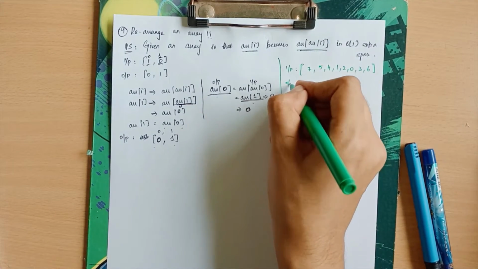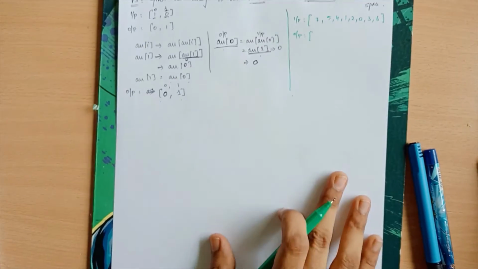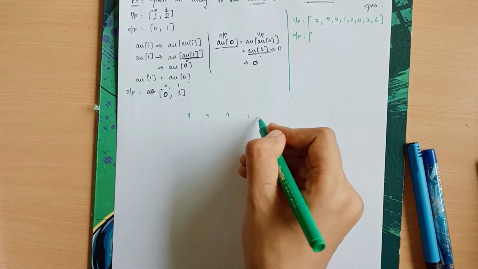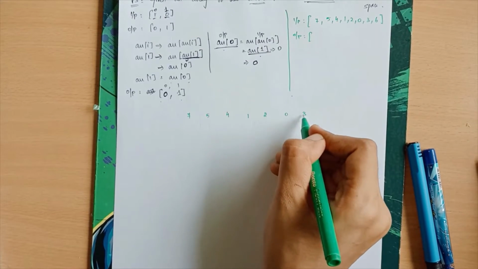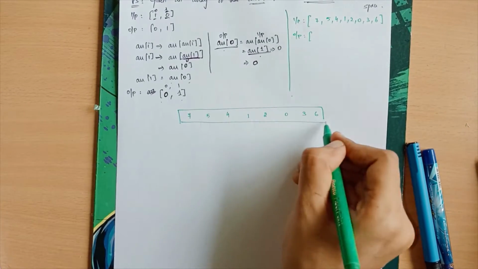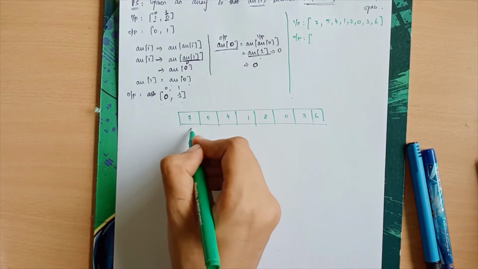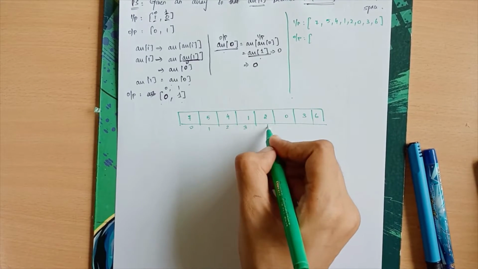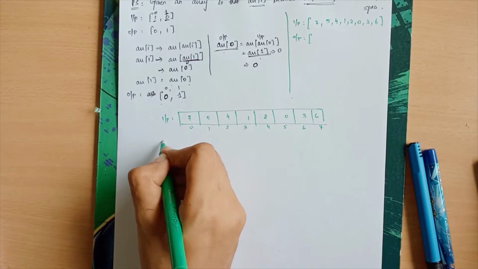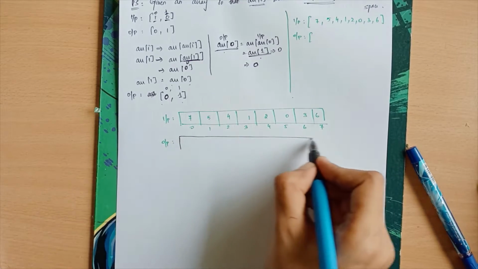So this is my input array, with indices 0 to 7. I want you to generate the output array. What do you think the output array is going to possibly be?